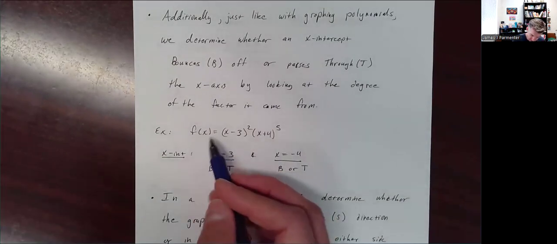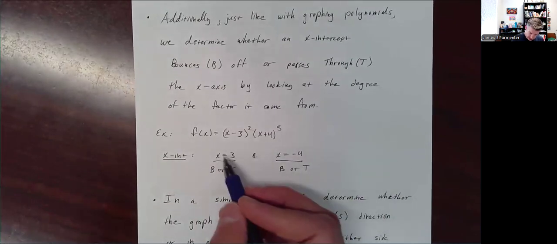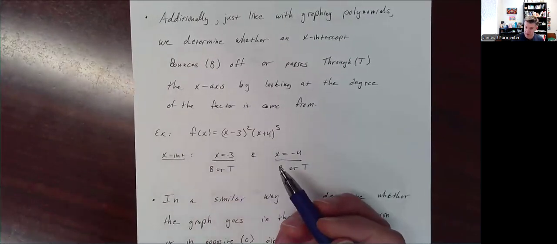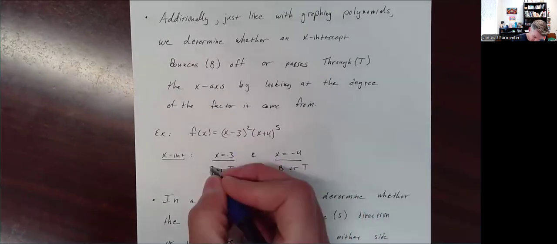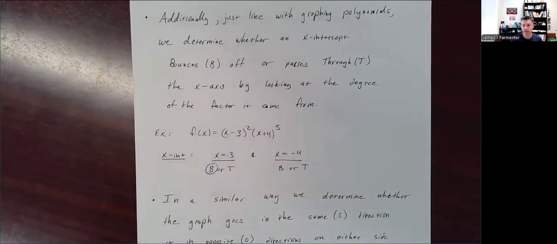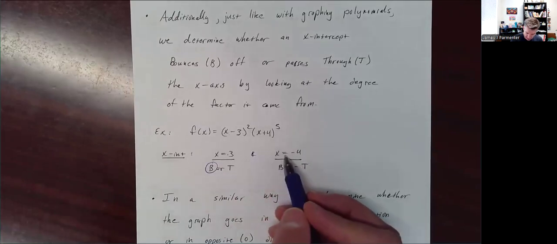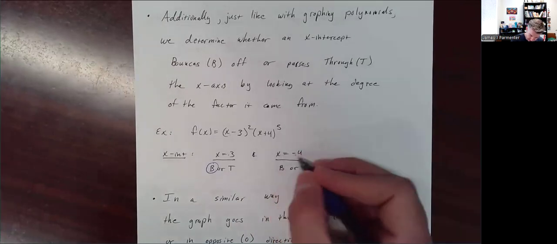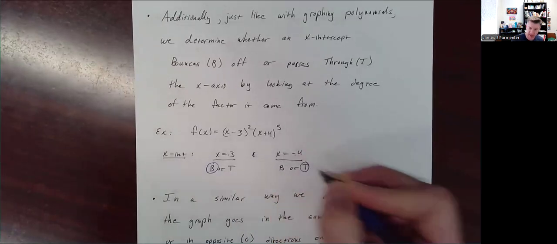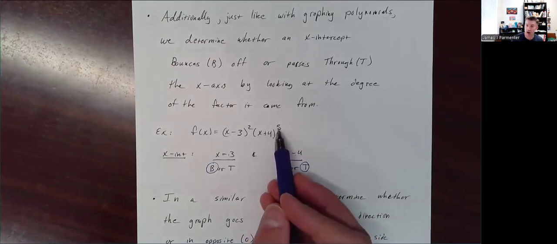So for example, for f of x equal to x minus 3 squared times x plus 4 to the 5th, at x equal to 3, which would be one of our x-intercepts, since 3 came from x minus 3 squared, the graph is going to bounce off the x-axis, because when the degree or multiplicity is even, we get bouncing. Whereas at x equal to negative 4, which comes from this x plus 4 to the 5th power, the graph would go through the x-axis because that 0 comes from a factor that's raised to an odd power.